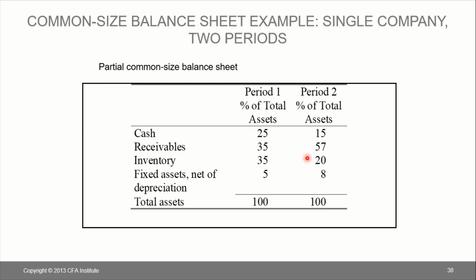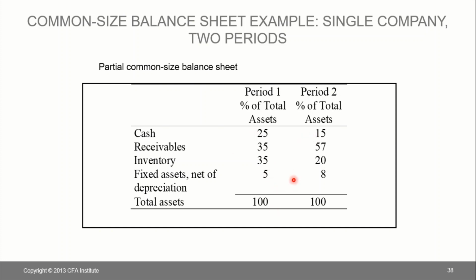And as you can see also, the cash decreased to 15%. So meaning, kung titignan mo itong example na ito, there was a surge in the receivables, and there was a decrease in cash and decrease in inventory. So isa lang ibig sabihin nito, napakalaki ng pautang ng firm na to at period number 2, just by looking at this common size balance sheet.